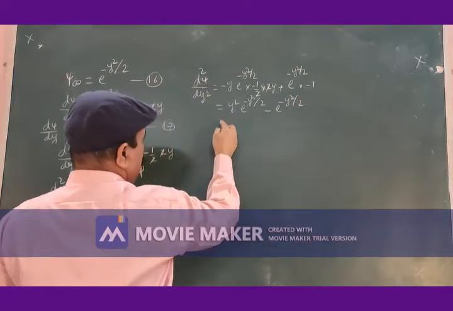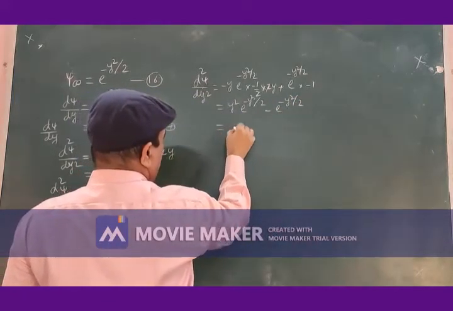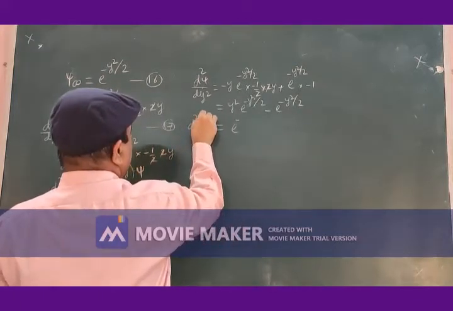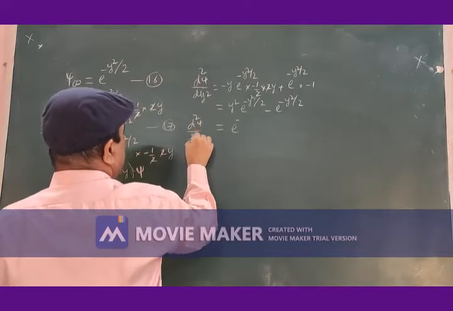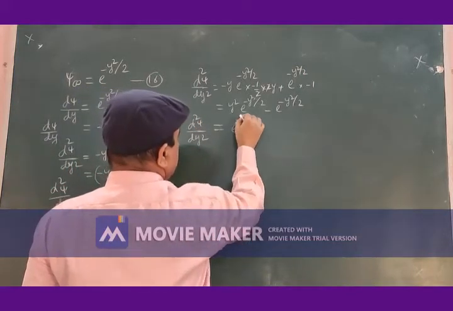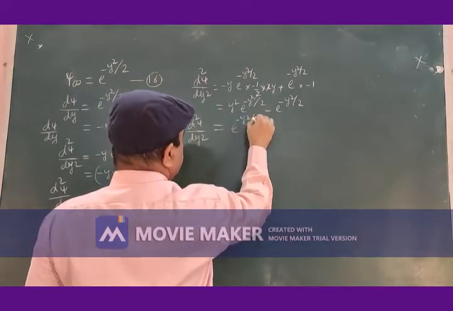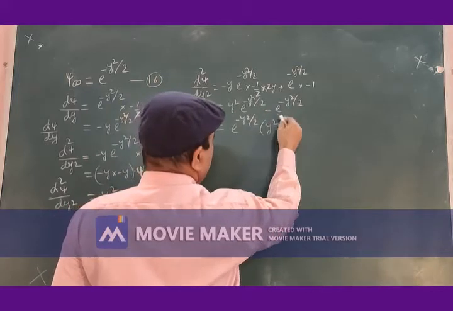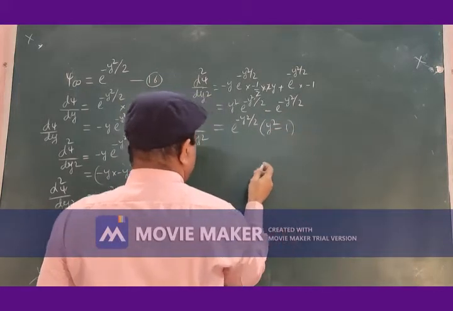Take this and this common. What is left is d2 psi by dy square is equal to e to the power minus y square divided by 2 into what is left here, y square, and what is left here, minus 1.